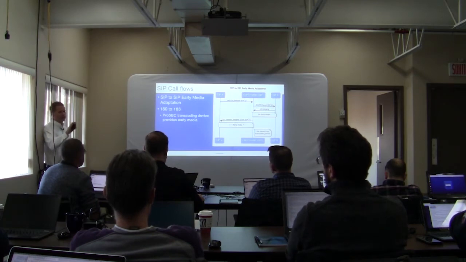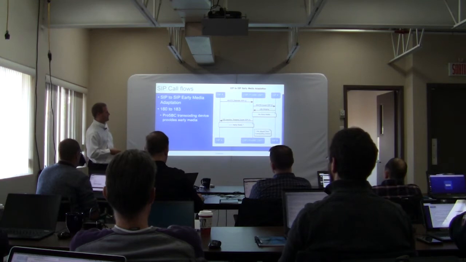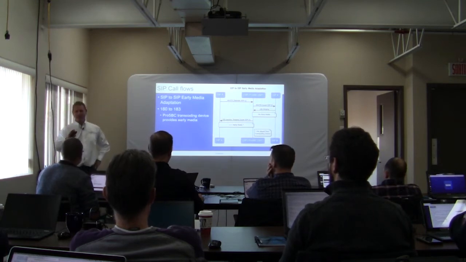Maybe we need to verify exactly the case you want to have working, but that's definitely an option. Here I put 180 to 183. That's one example, but you can mix and match. We think we have all the scenarios covered now.